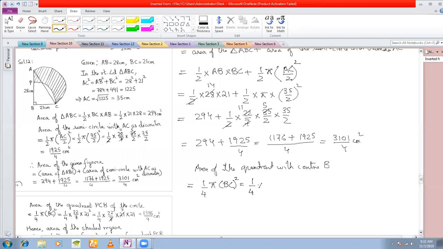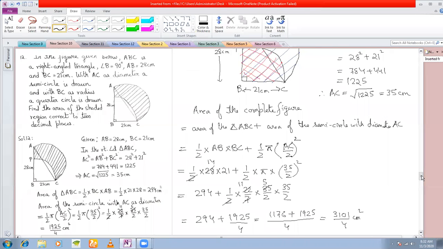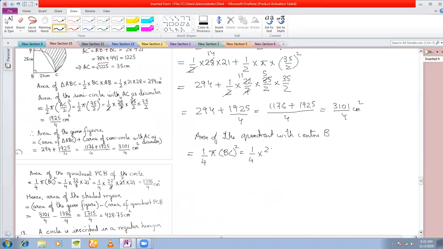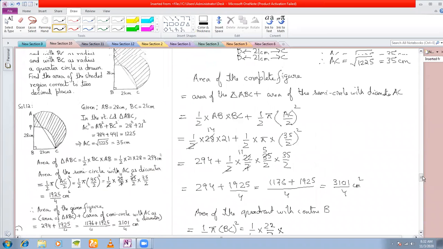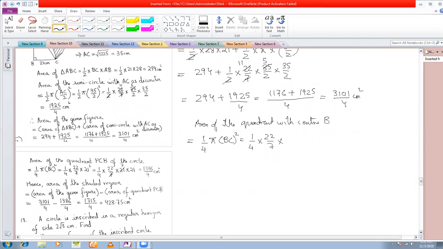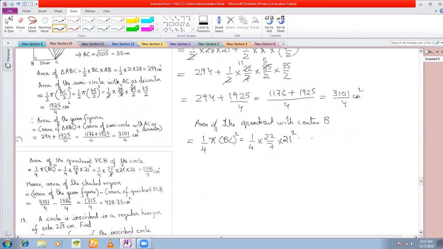So 1/4 into, put the value of pi, 22/7. I put it earlier also. Nothing is given, so you can put 22/7. No problem. 22/7 and BC here is 21, 21 square. Okay, so 1/4 into 22/7 into 21 into 21. Cancel this. So what you'll ultimately get is 1386 divided by 4 centimeters square. This is the area of the quadrant.